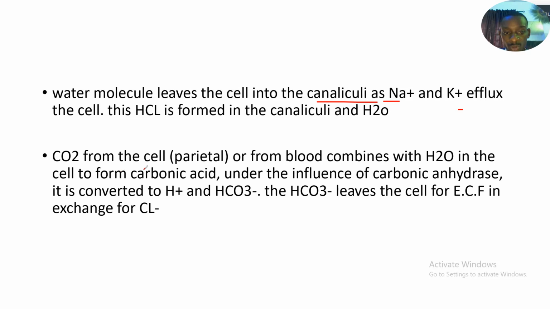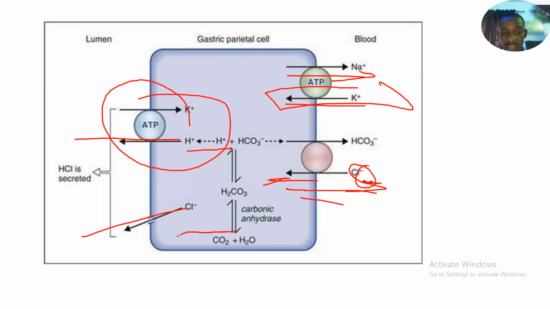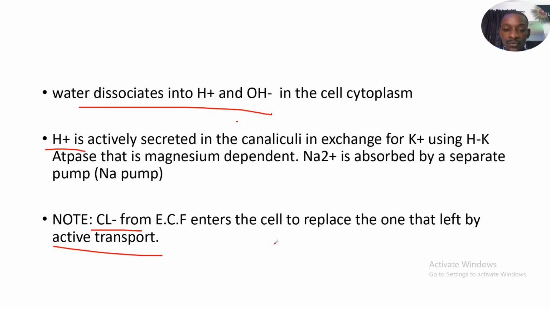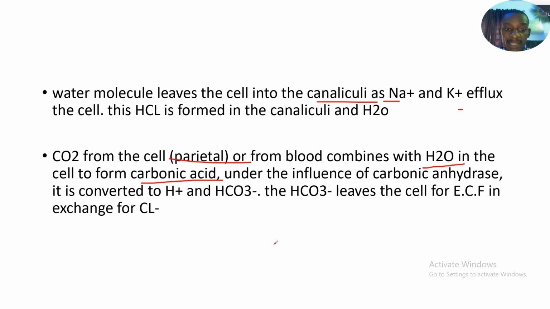Now we say that CO2 from the parietal cell, or from the blood, combines with H2O in the cell to form carbonic acid. You could see CO2 and H2O combining to form the carbonic acid that we are talking about.